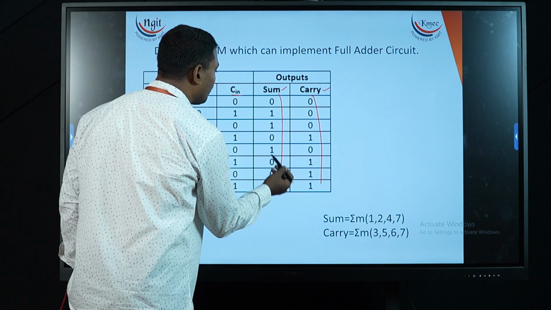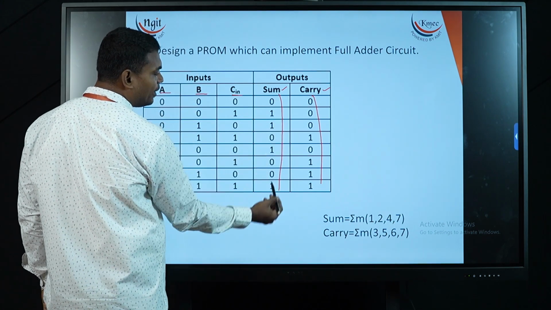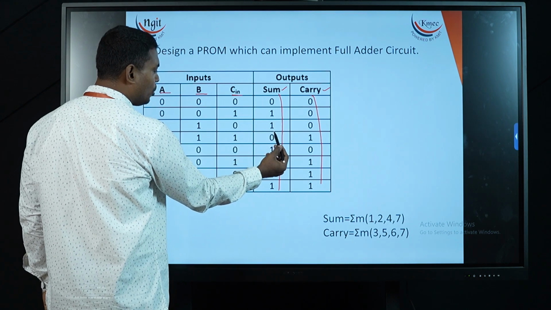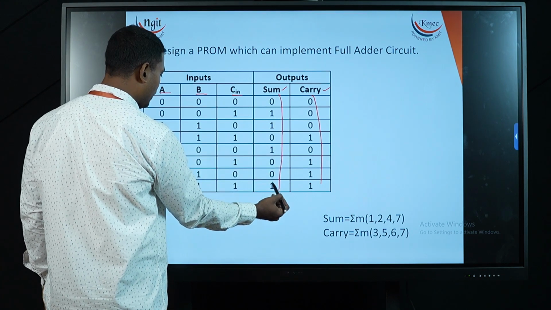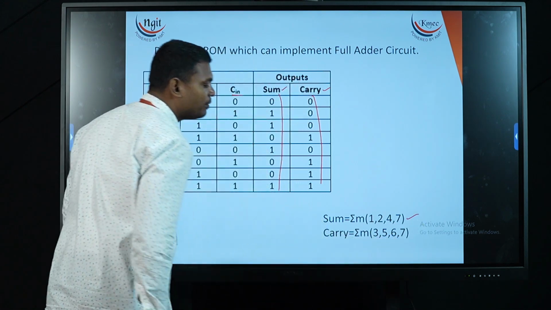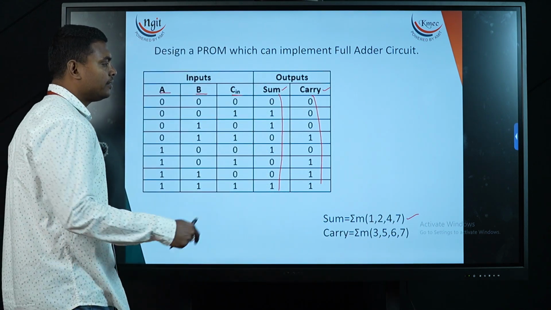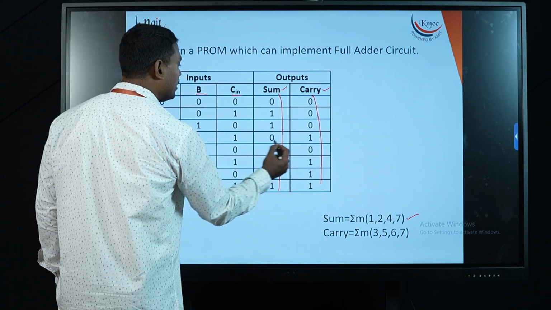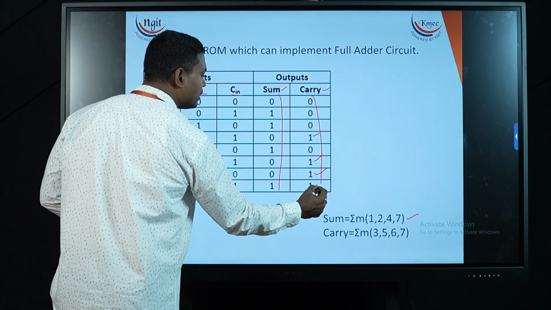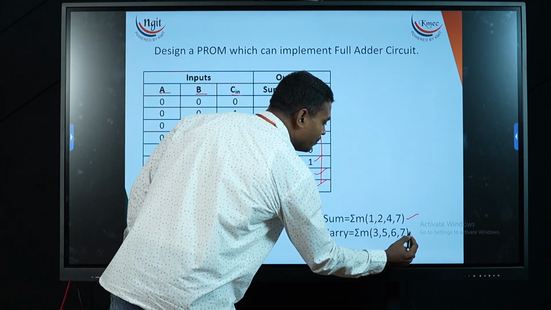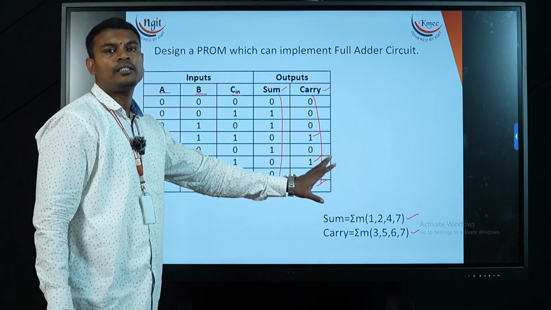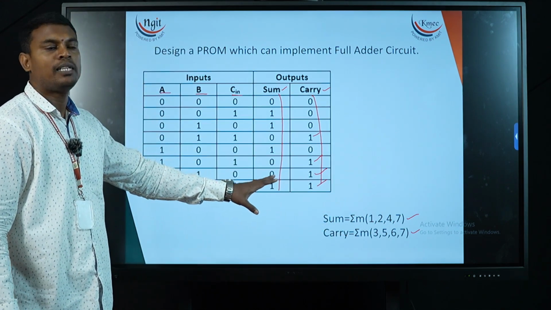I need to collect only the ones. Sum is 1 at 1, 2, 4 and 7, so I write 1, 2, 4, 7 as my minterms for sum. Next, carry is 1 at 3, 5, 6, 7, so I collect 3, 5, 6, 7 as my minterms for carry.